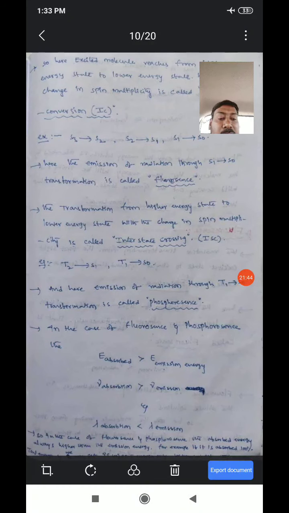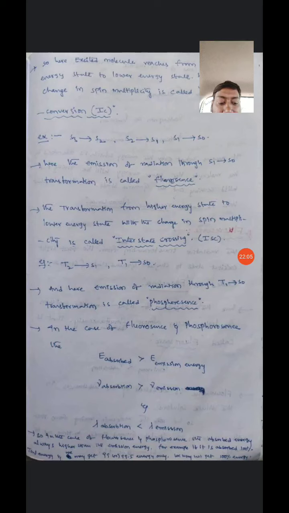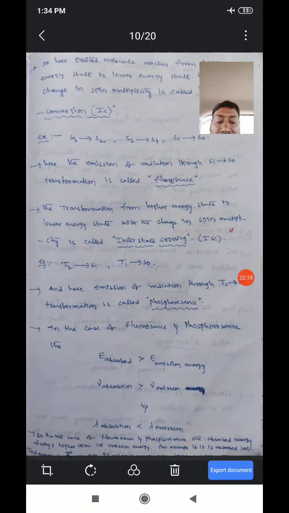The absorbed energy is always greater than the emission energy.